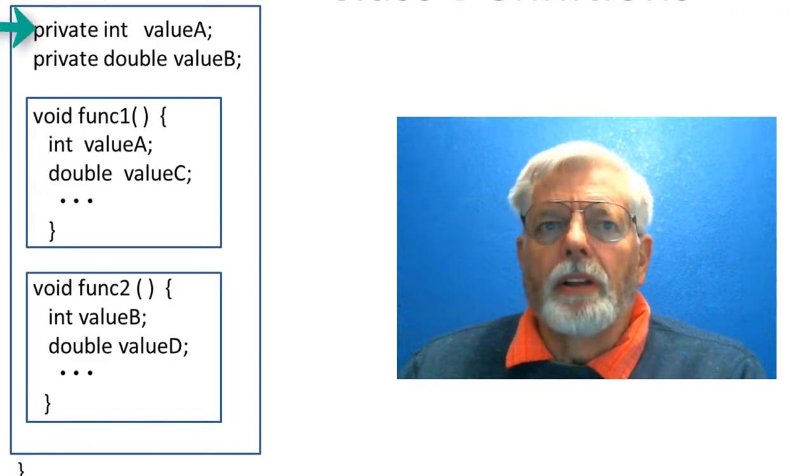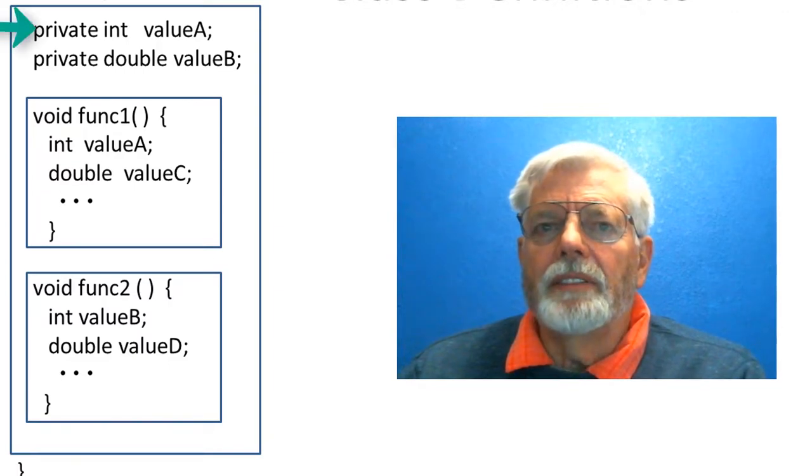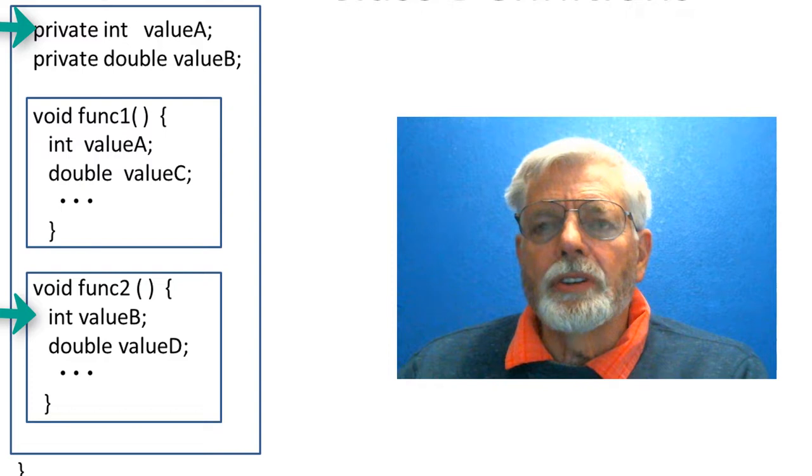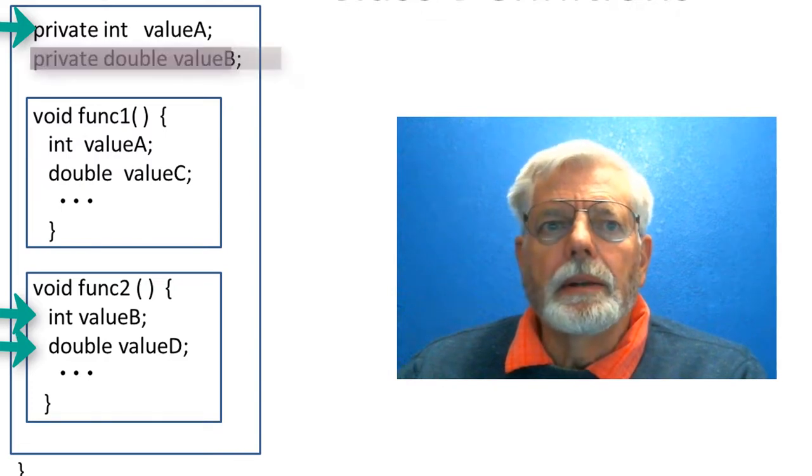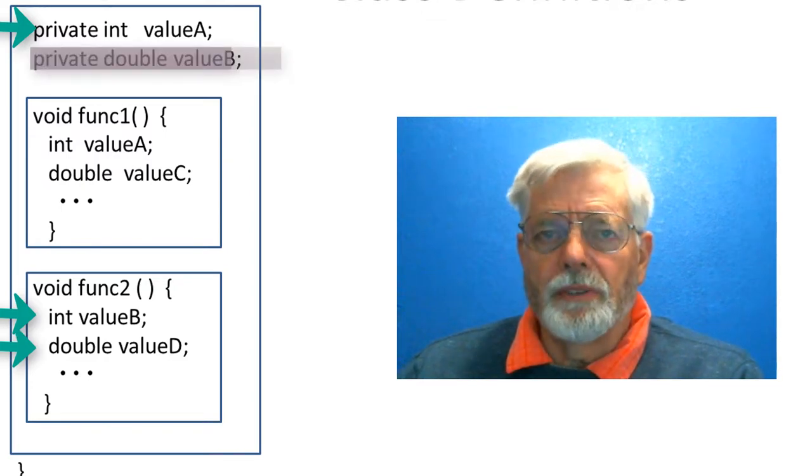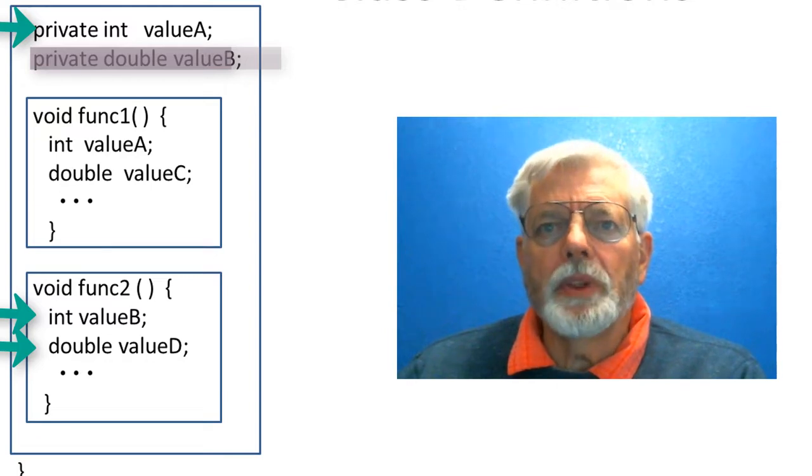In a similar manner, func2 can access the file level value A, its own version of value B and value D, but not the file scope version of value B or any variables within func1.